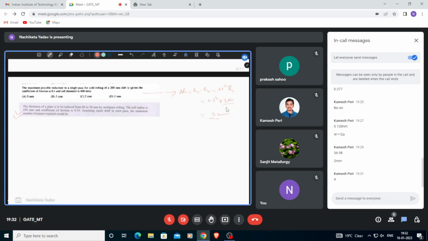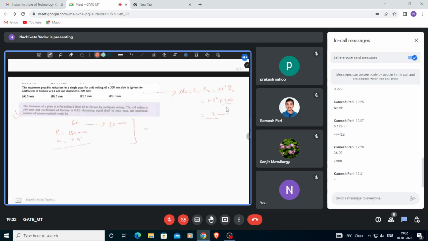Here the thickness of the plate is reduced from 60 to 30 mm. The roll radius is given as 350 mm, and the coefficient of friction mu is 0.15.